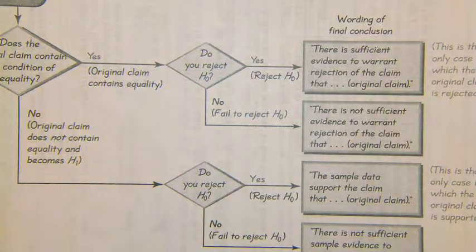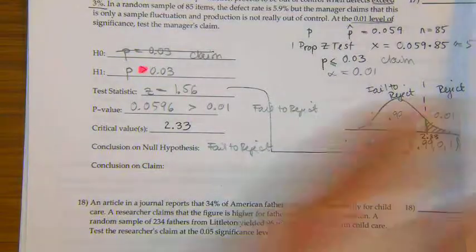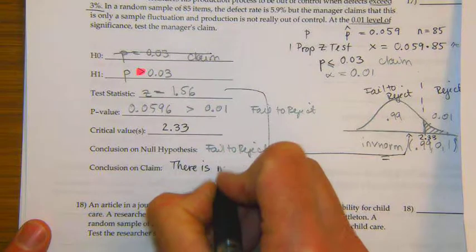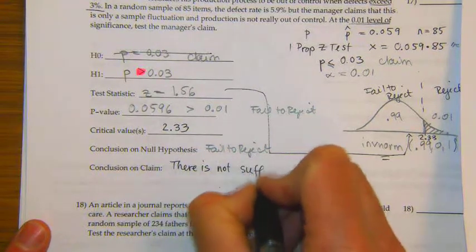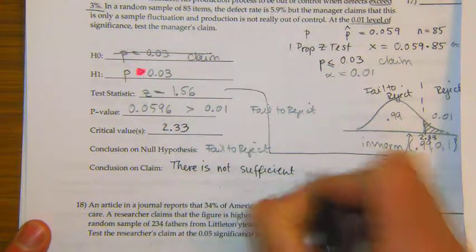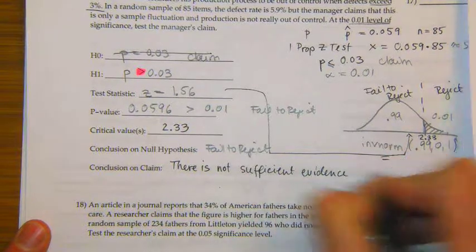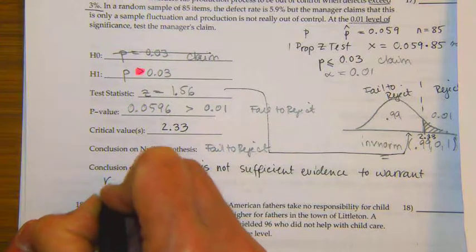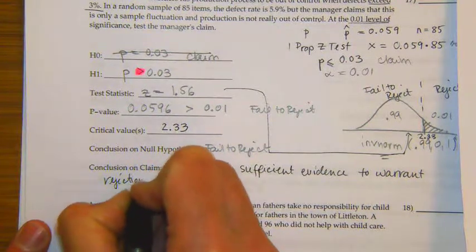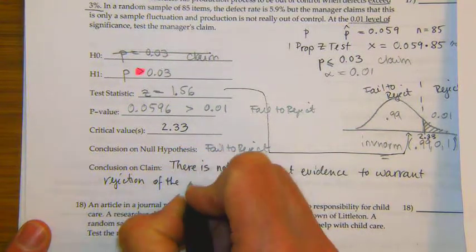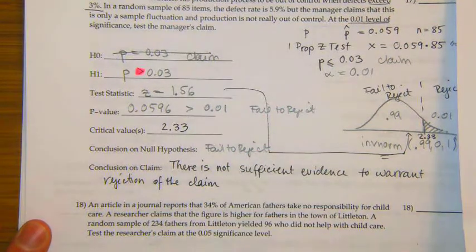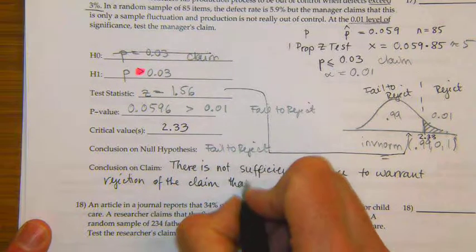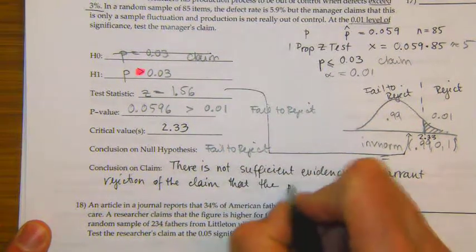There's not sufficient evidence to warrant rejection of the claim. And what was his claim? Production is not really that equal. Mm-hmm.